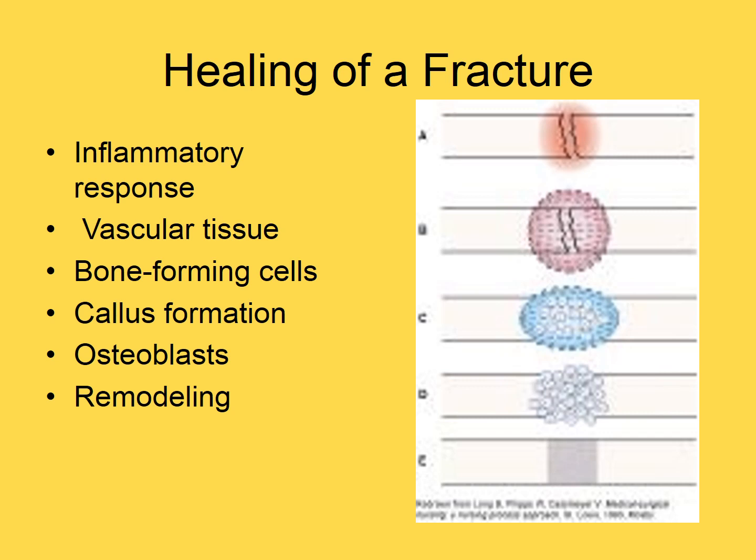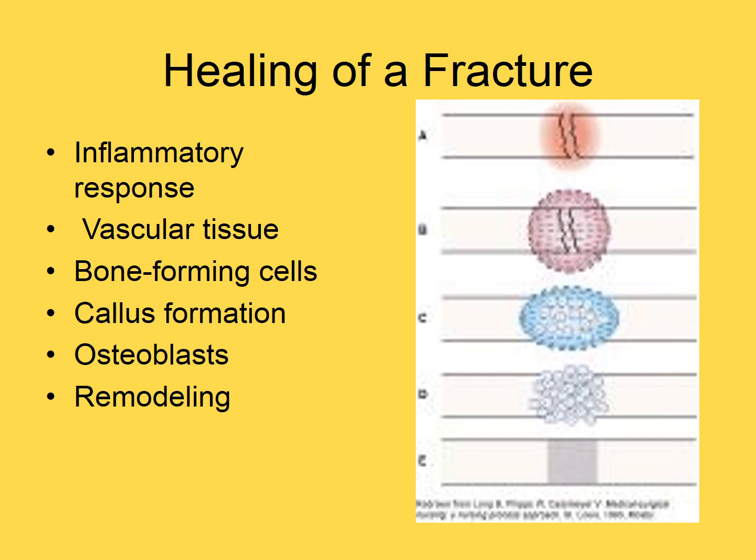So there are steps in how the fracture heals. The inflammatory response comes first, then vascular tissue, and then you see bone forming cells, callus formation, osteoblasts, and remodeling. The intense inflammatory response occurs with the hematoma formation.